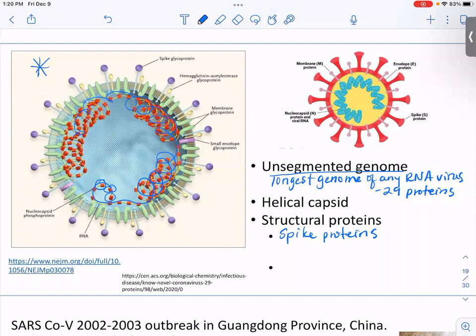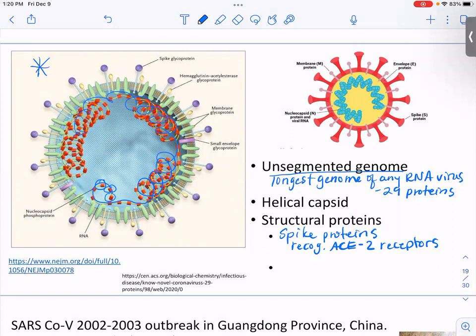The spike proteins recognize the ACE2 receptors. That stands for angiotensin converting enzyme 2. We have these receptors in our nose and our upper respiratory tract, and they're important to regulate blood pressure.